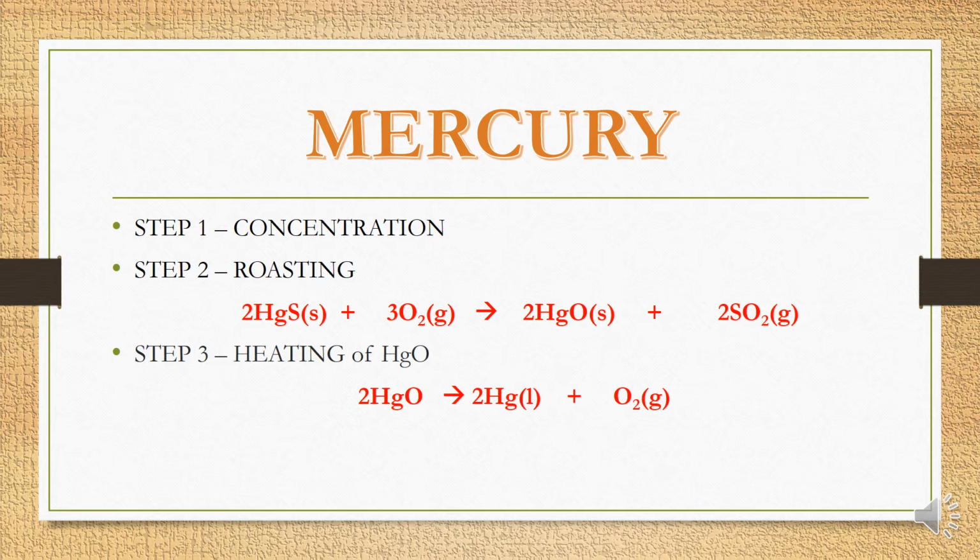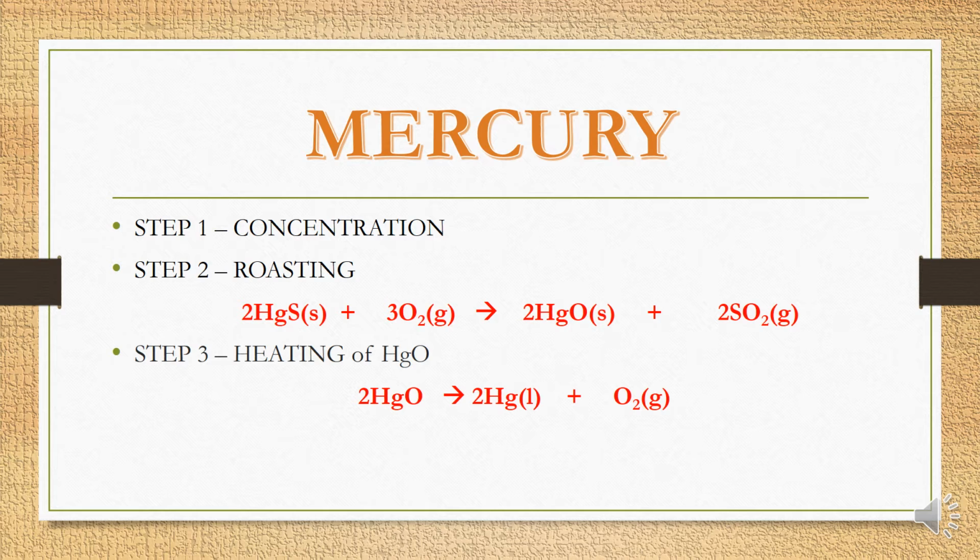When the ore is concentrated, we will get ore free of sand, mica, rocky and earthy particles. And when we get concentrated ore, the next step is called roasting in case of cinnabar.